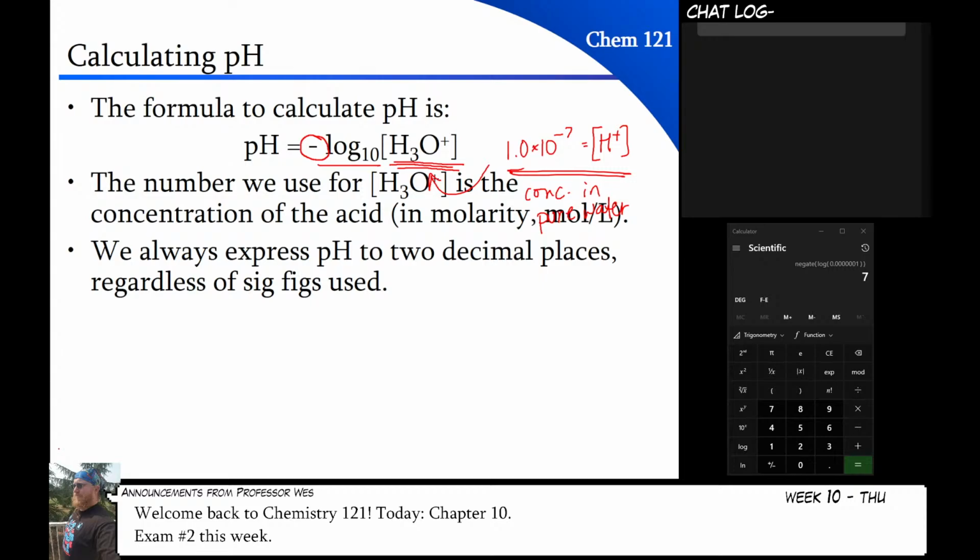Now, when you are doing pH, I want you to always express any number that your calculator spits out to 2 decimal places. So, for example, if you had, I don't know, 5.4789 times 10 to the negative 4. So let's suppose that this was your concentration of H+, and so you go log, negate, and this is what your calculator spits out.